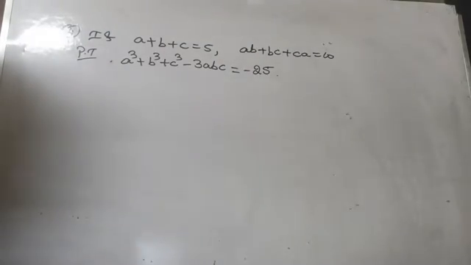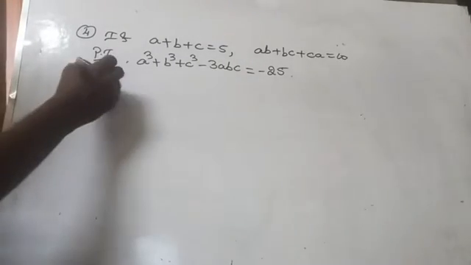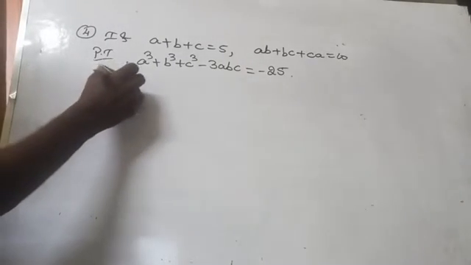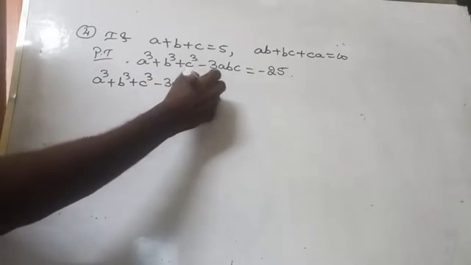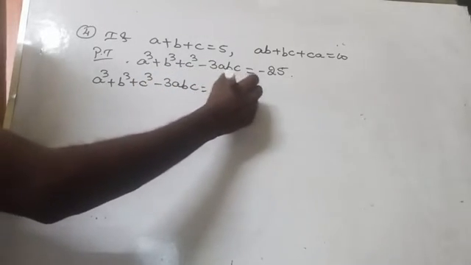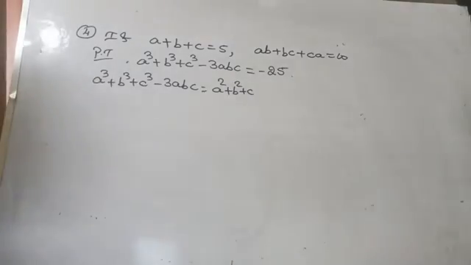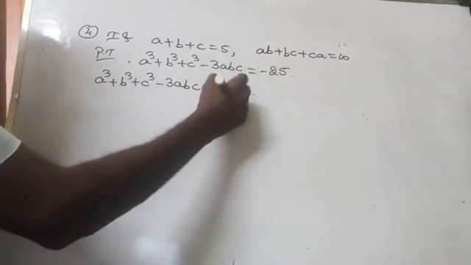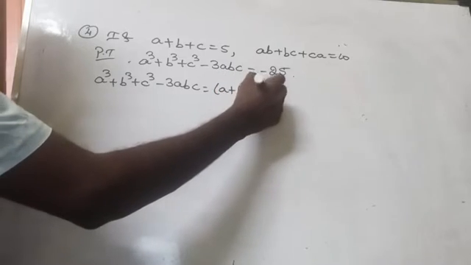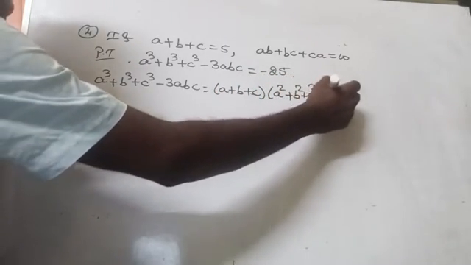Am I right? Now tell the identity: a cube plus b cube plus c cube minus 3abc equals a plus b plus c into a square plus b square plus c square minus ab minus bc minus ca.